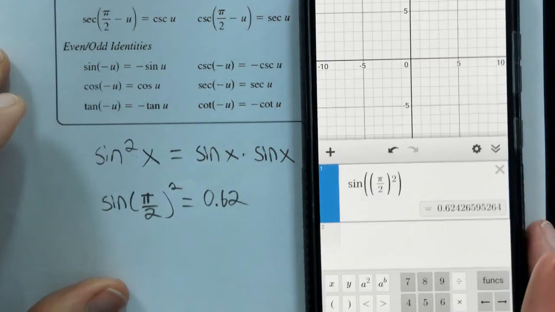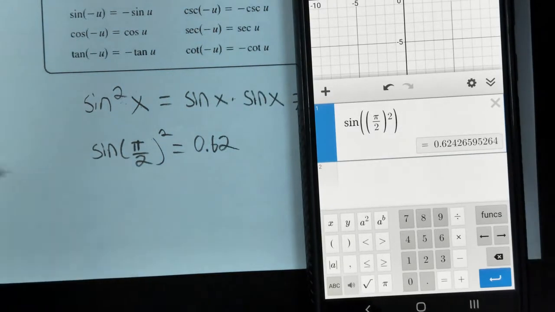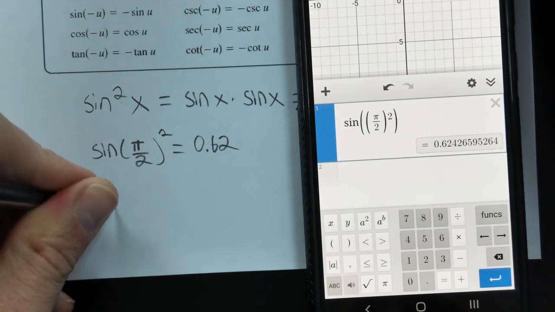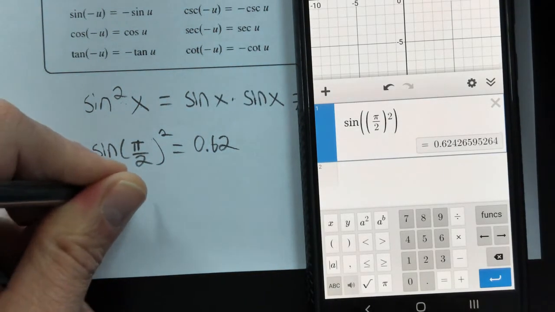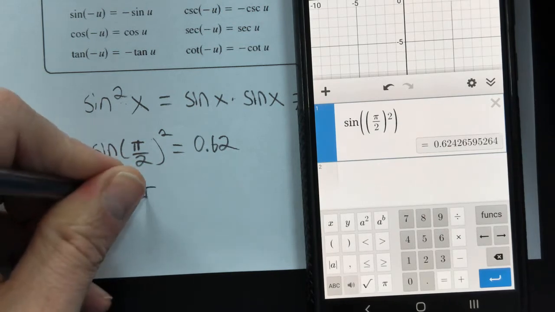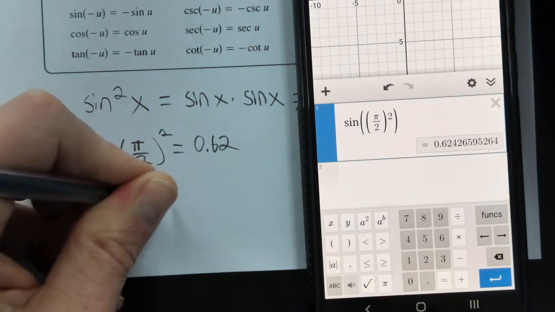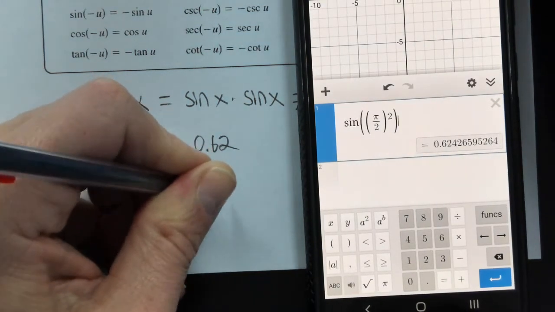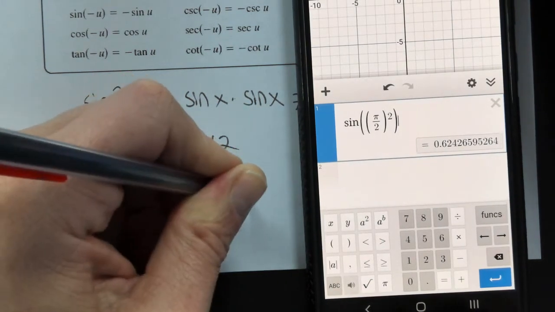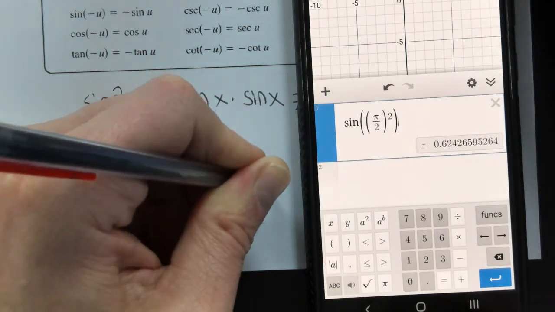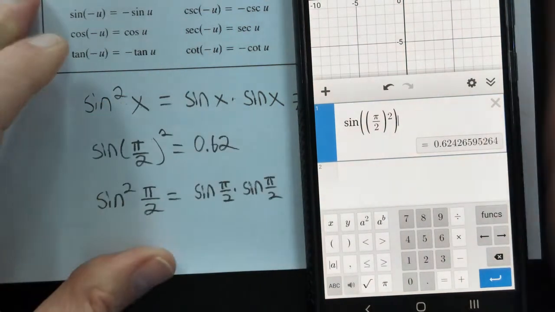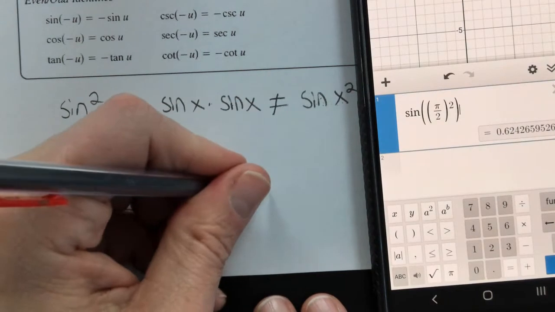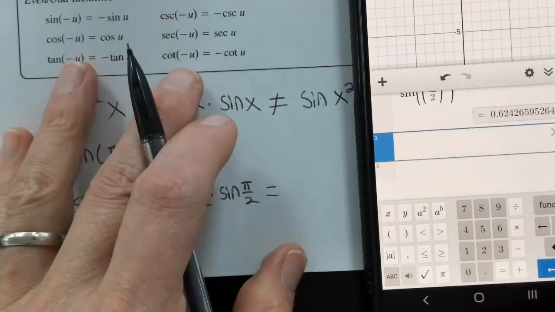Now notice that that is not going to be the same as the sine squared of pi over 2, which is equal to the sine of pi over 2 times the sine of pi over 2. These two are going to be different values.